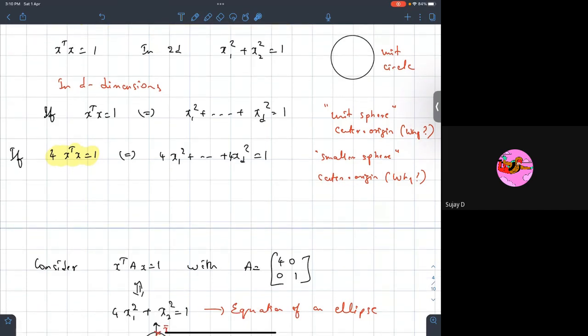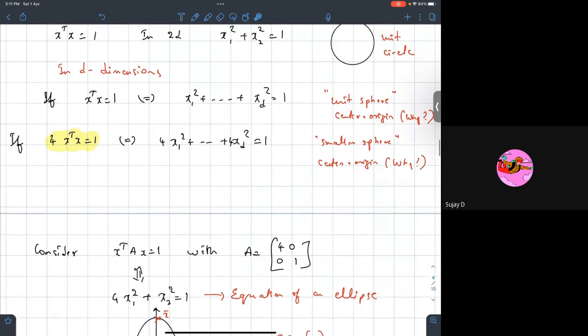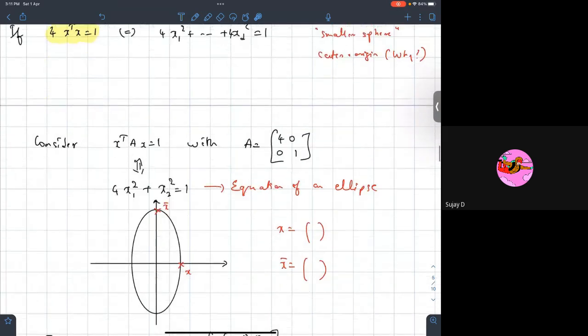So the point is, the moment I have unequal entries, I'm no longer stretching the coordinates equally in all directions. I'm doing variable stretching, so I will get an ellipse. Now, just some basic high school mathematics.